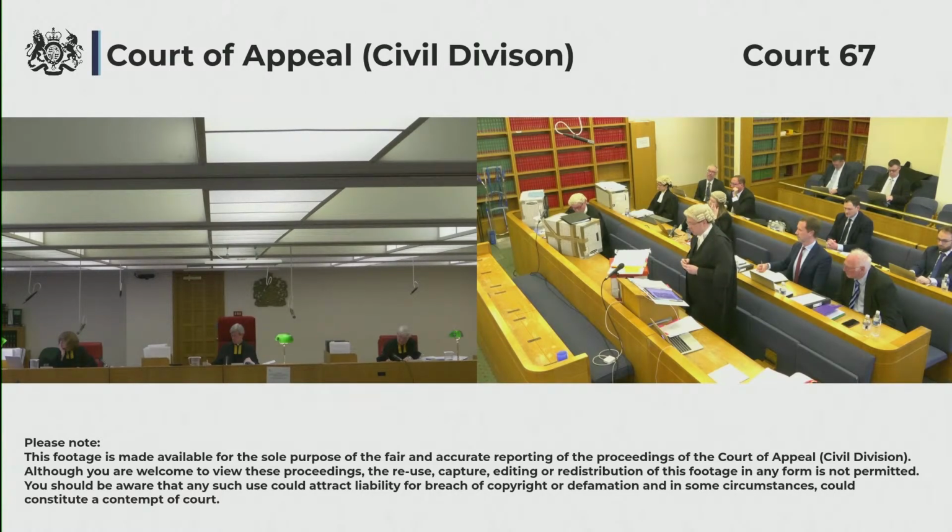My learned friend put his submissions in a number of different ways, and I'm going to address the various ways in which it was put. But in my submission, none of them get around revenue's central problem, which is that there is no statutory requirement that the claim must identify that it is for a particular type of double taxation relief.